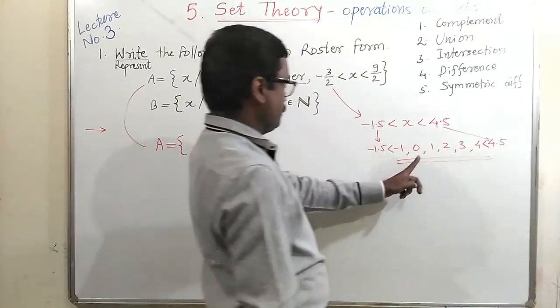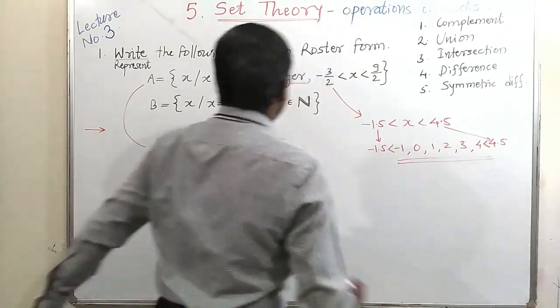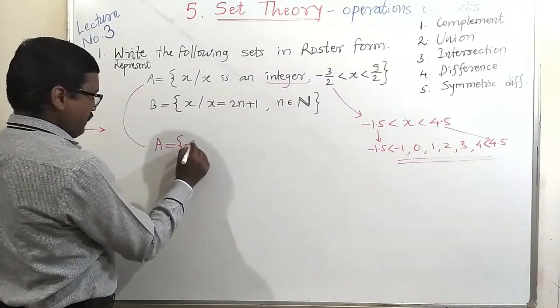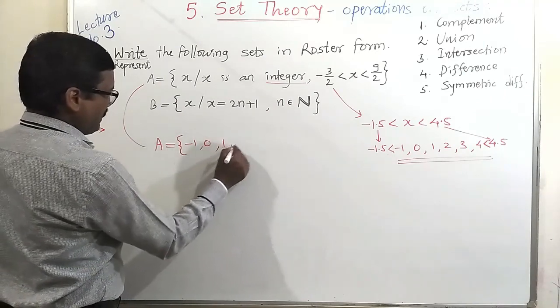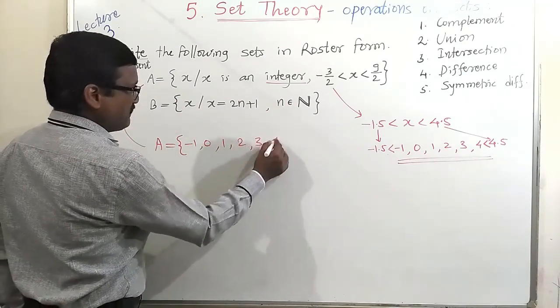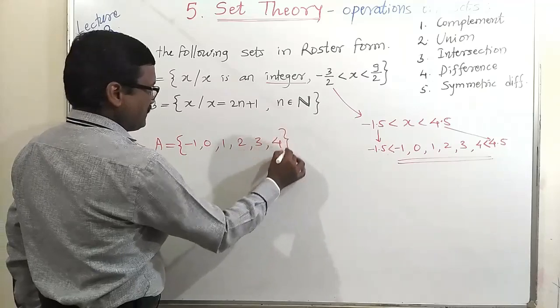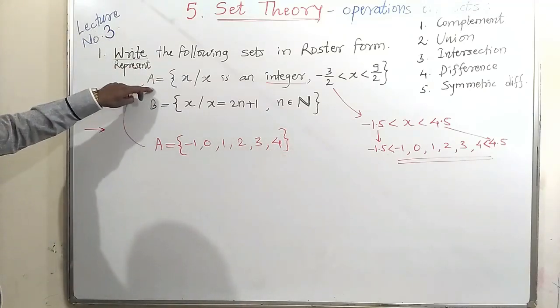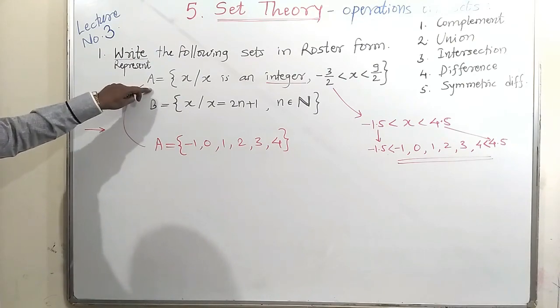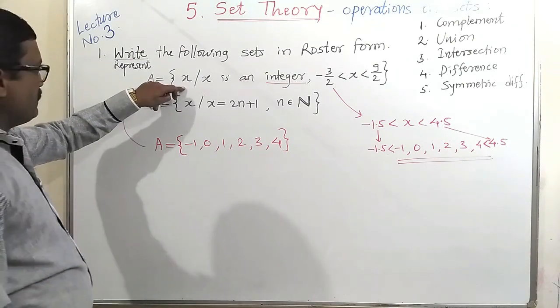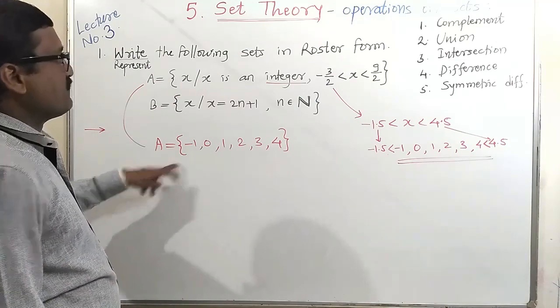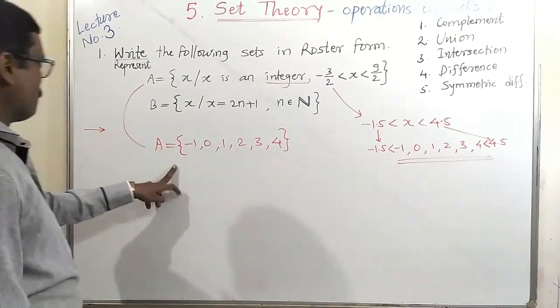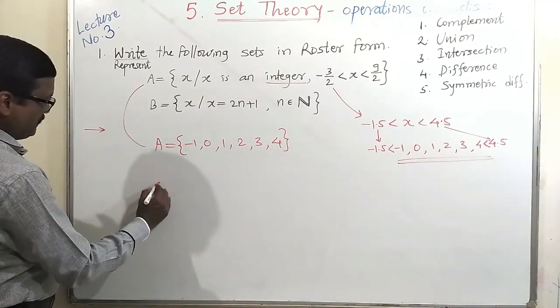So the integers are minus 1, 0, 1, 2, 3 and 4. So let us write those integers: minus 1, 0, 1, 2, 3 and 4. So this is the way to represent this set A, which is given in set builder form, into the required roster form. Now second, B.